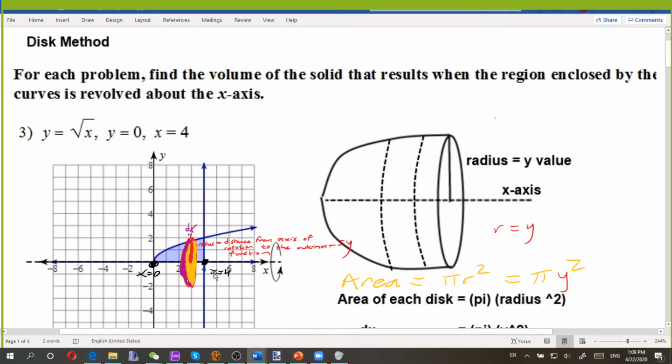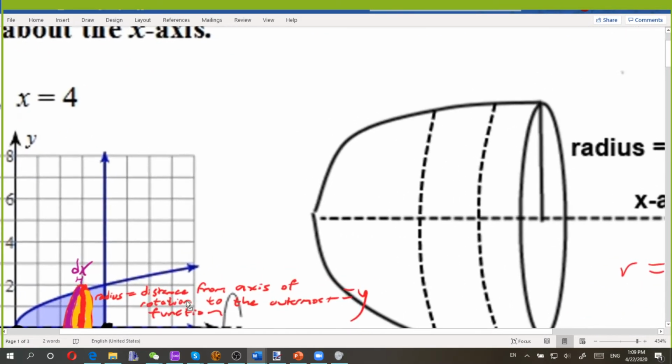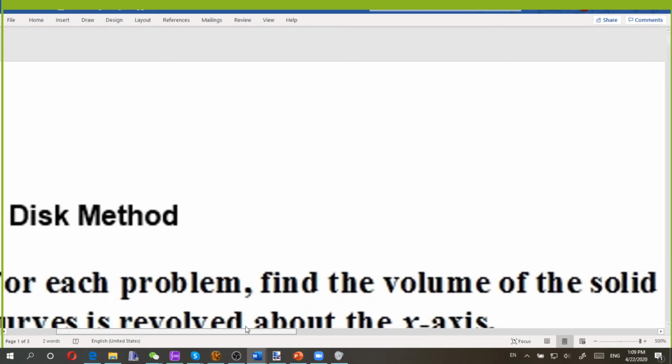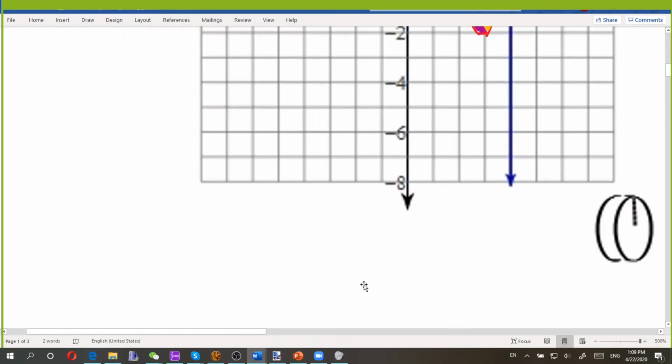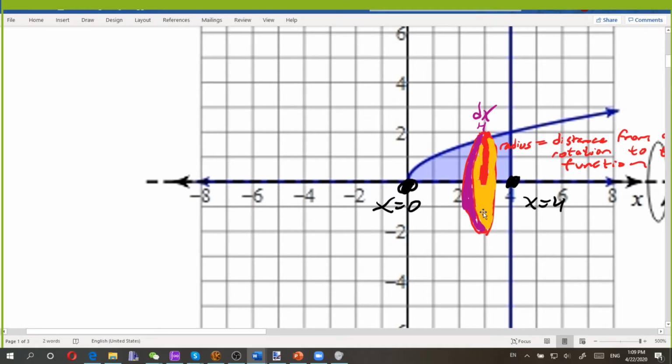So in order to do it, I'm going to create these two-dimensional cross-sections that are circles or disks. Each one of these disks that I'll spin around the axis has a radius, which is my distance from the axis itself to the outermost function.